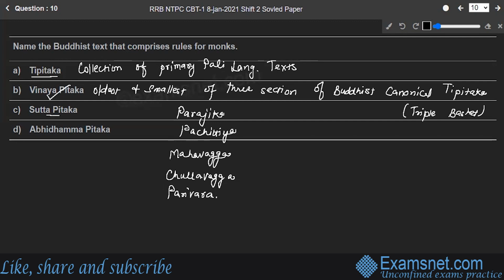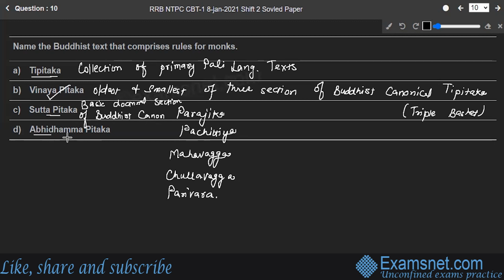Sutta Pitaka is an extensive body of text constituting the basic doctrinal section of the Buddhist canon.